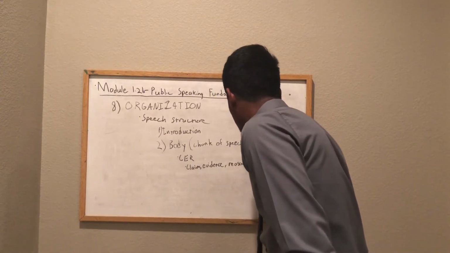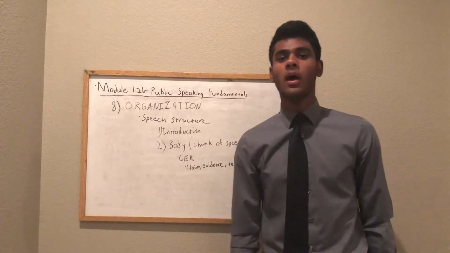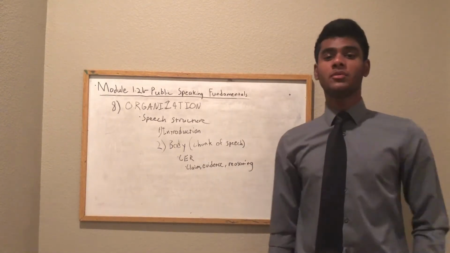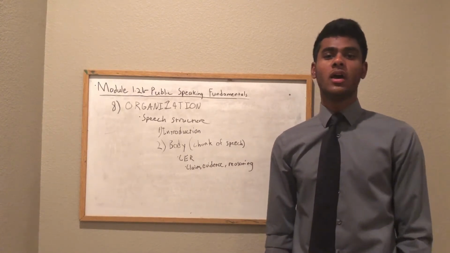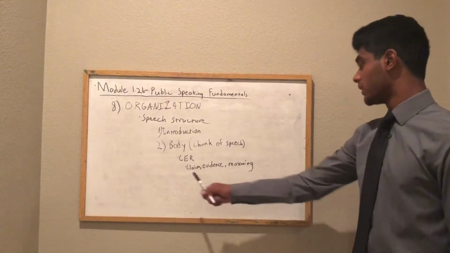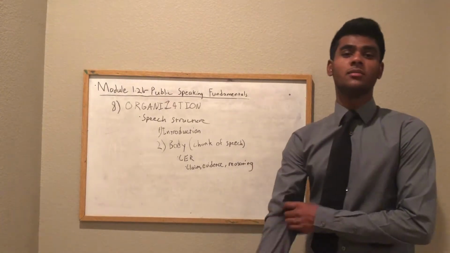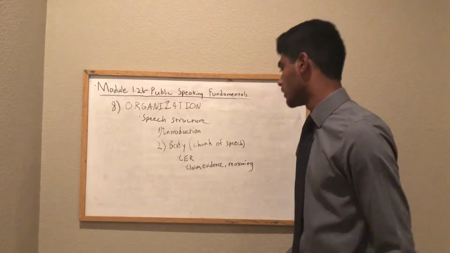Again, so claim, evidence, reasoning is mostly for persuasive and argumentative speeches. In our next module, we're going to go more into the exact types of speeches that are out there and how to decide on which type of speech to use depending on which topic you are speaking about. But CER, claim, evidence, reasoning is mainly for persuasive and argumentative speeches. But I'm just going to leave it there.